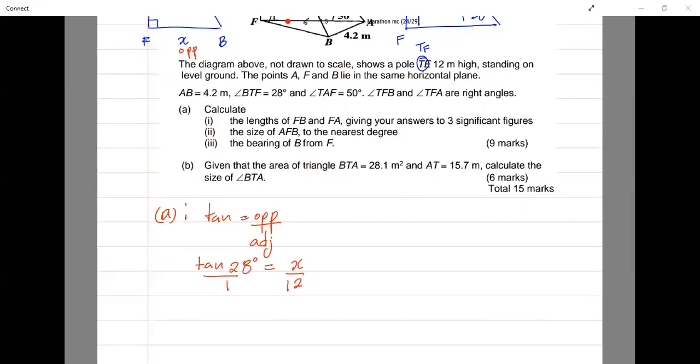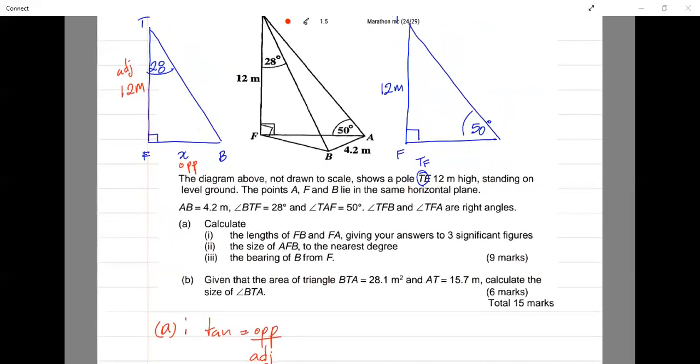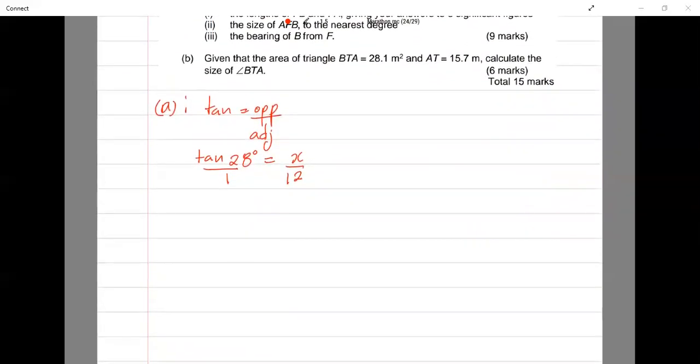If I have one fraction equal to one fraction, I'm going to cross multiply. So we can go back up again and see this is opposite x and adjacent 12.